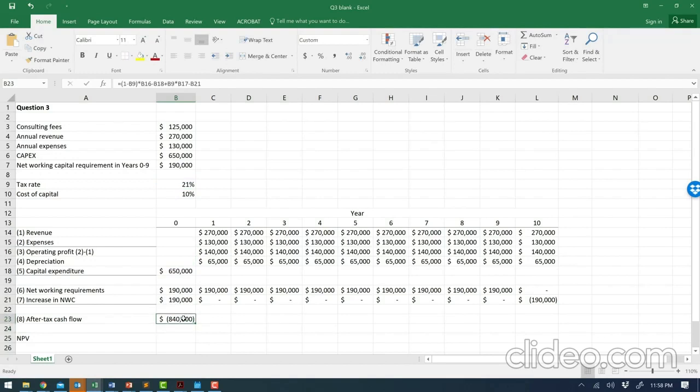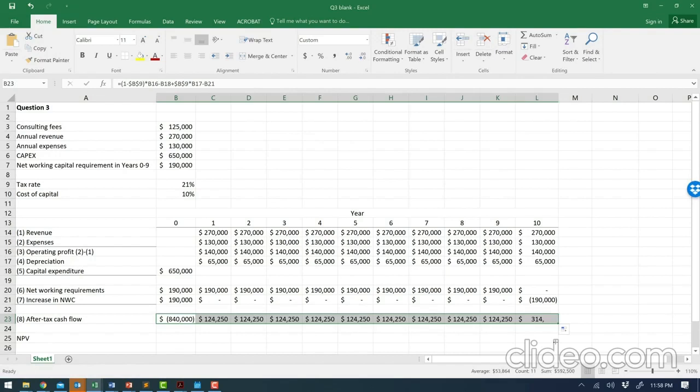And so in year 0, the cash flows are negative $840,000. In all of the subsequent years, these are the after-tax cash flows.